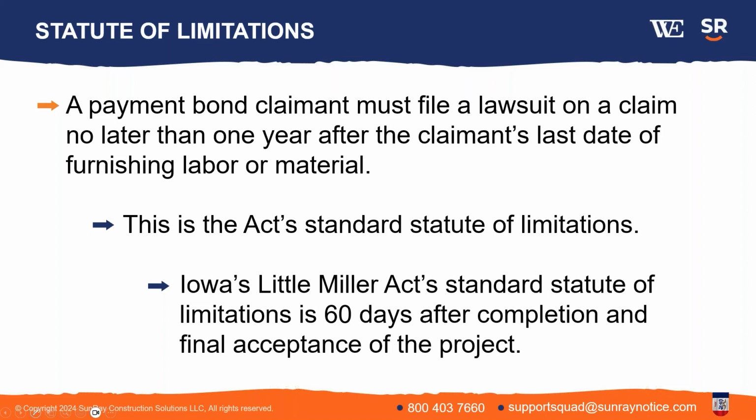But understand it's 1 year from the last date of work. The Iowa Little Miller Act has a regular statute of limitations too. It's 60 days after completion and final acceptance of the project. So again, the trigger event is different than the federal Miller Act. Next slide.